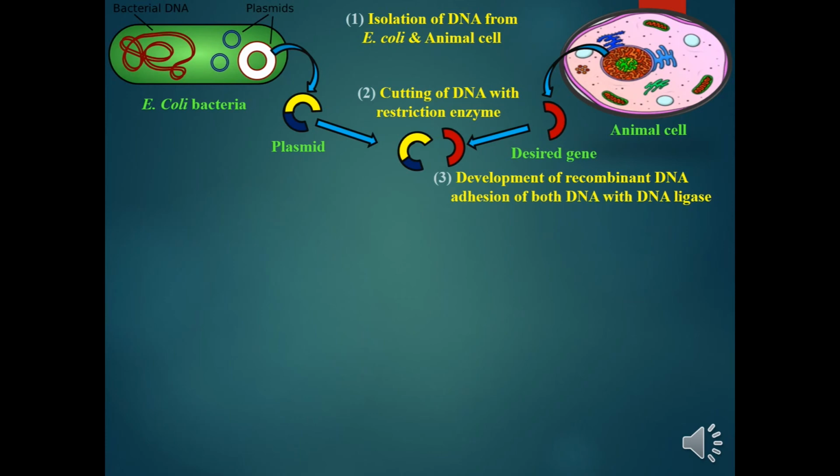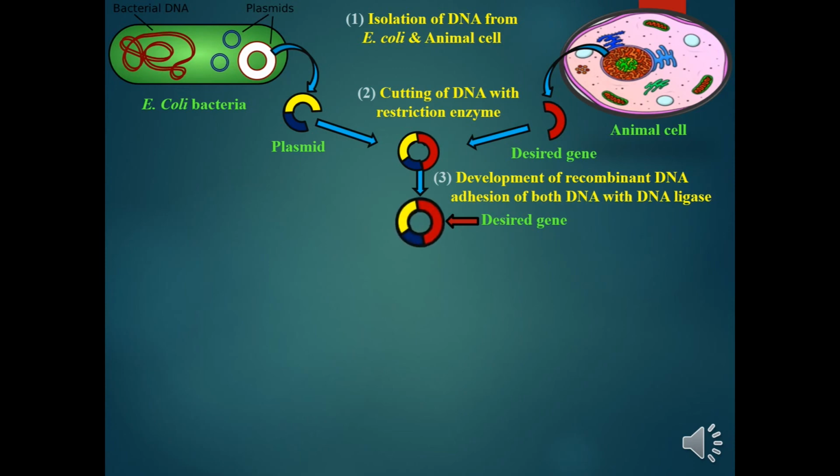Now the third step, development of recombinant DNA, addition of both DNA with DNA ligase. We have got two parts of two DNA molecule. Now we will adhere these two parts with a special enzyme known as DNA ligase. So we have got a new DNA molecule, or that is modified DNA molecule with desired gene.